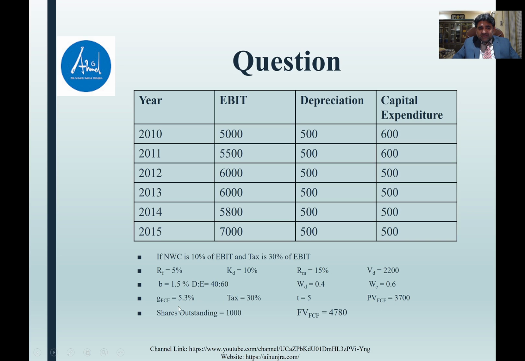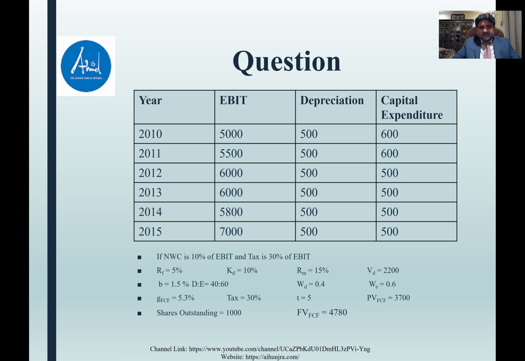How we calculated the present value and future value: the future value of free cash flow is 4780. As we know, the future value is always greater than present value.